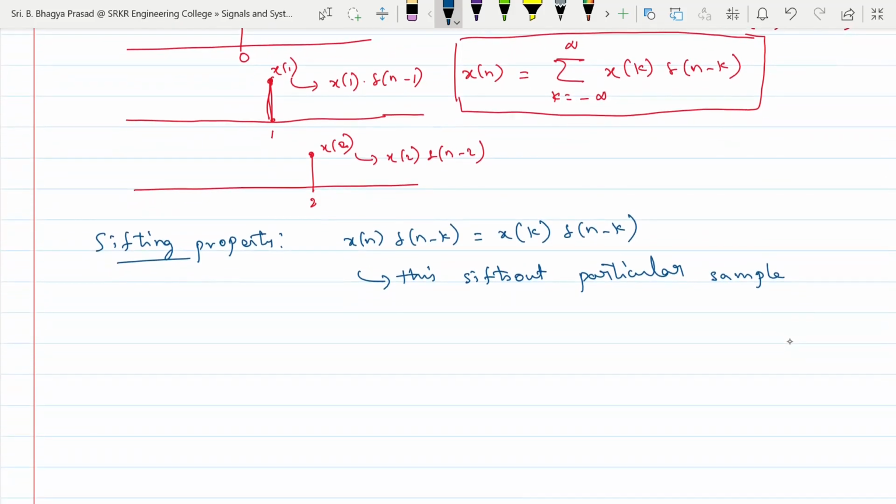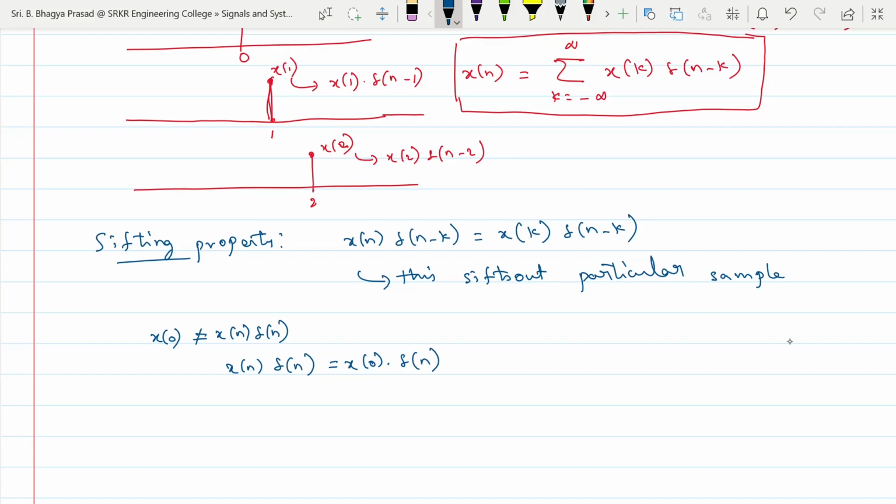Because a particular sample x naught is not equal to x of n del n, but x of n del n is equal to x naught del n.